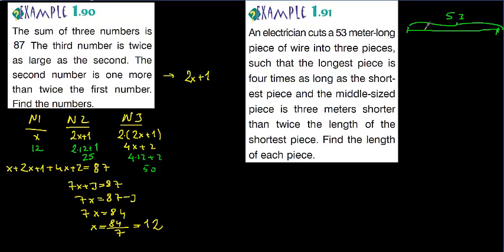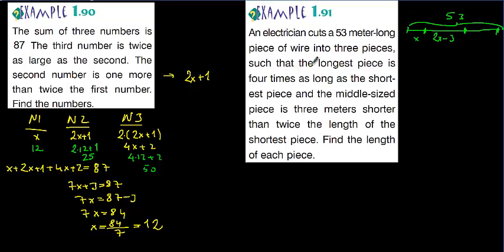So first we write the shortest piece, which is equal to x. The middle size depends on the first one, and it is 3 meters shorter than twice, so 3 meters shorter than twice means 2x minus 3.